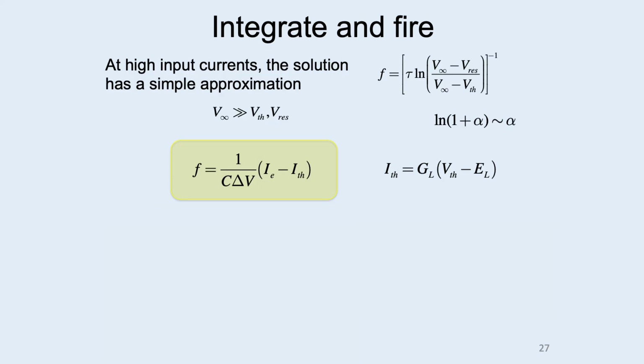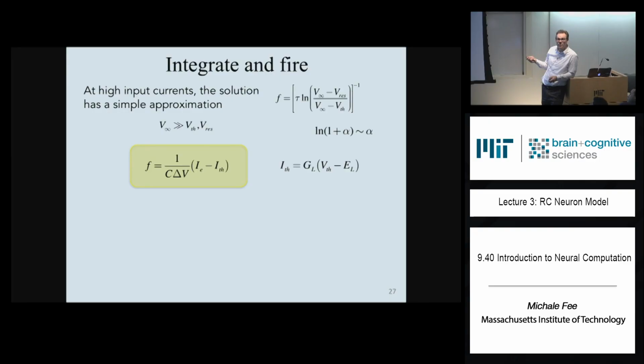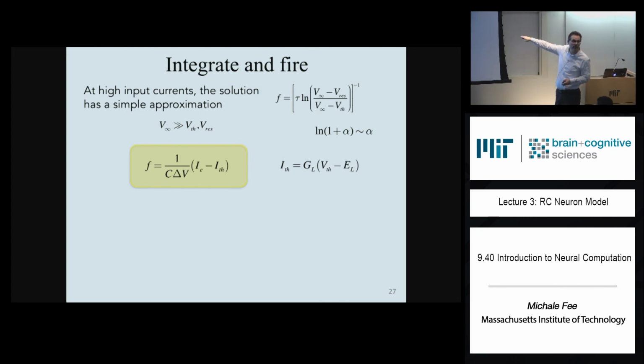And what does that look like? Well, what is the firing rate? First of all, I simplified this a bit. What is the firing rate when the current is below I threshold? 0. And if it's above I threshold, the expression I wrote right here is true only for injected current greater than I threshold, and it's 0 below that. So now what does this look like? Firing rate is 0 until you hit threshold, and then what?